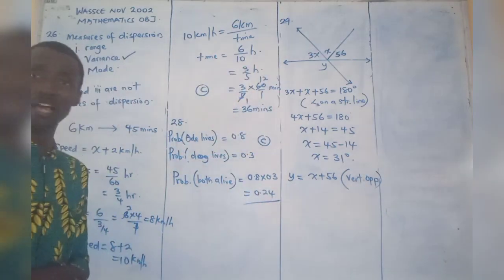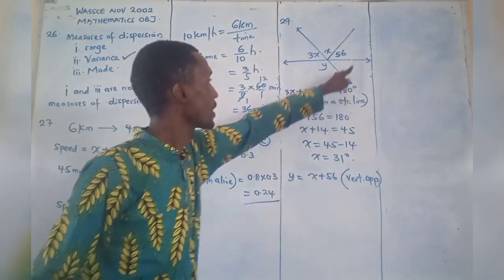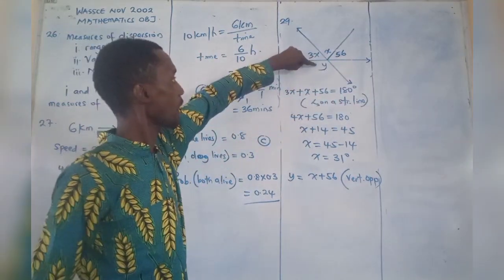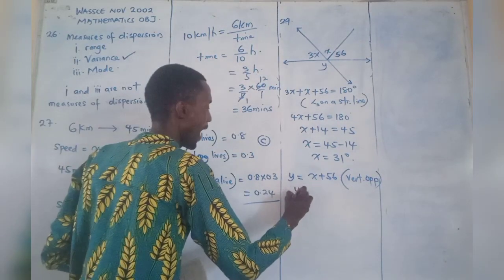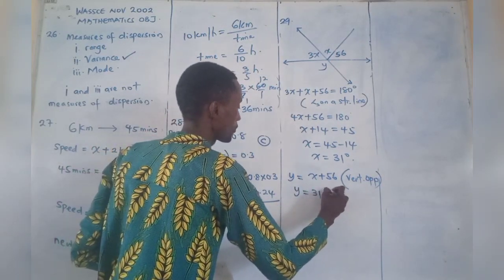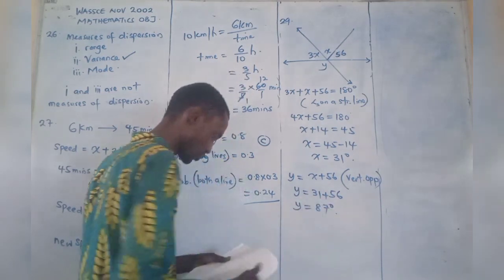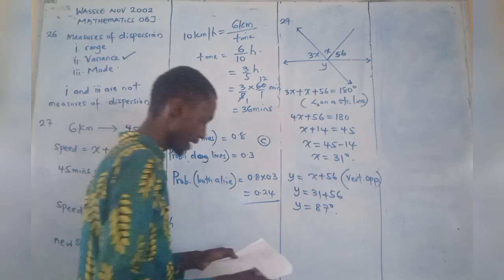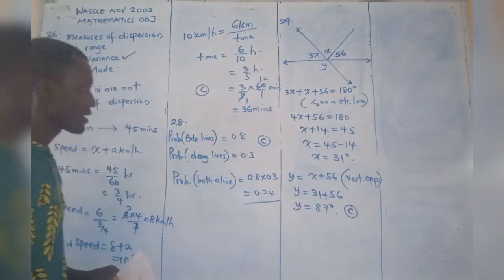Now watch the intersection of the lines. This angle must be equal to these two angles here. So y will be equal to 31 plus 56, and that will give me 87 degrees. So if I've solved that correctly, my answer will be C.